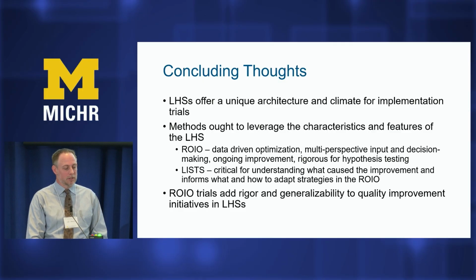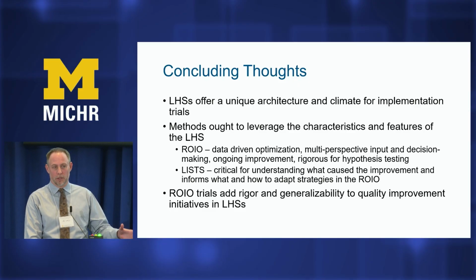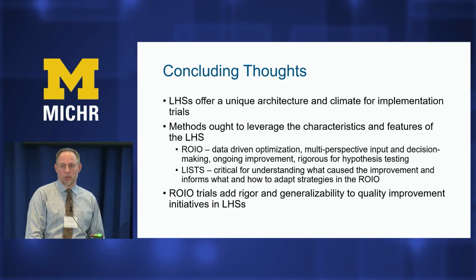It brings multiple perspectives, giving you input and helping you make decisions around optimization and ongoing improvement. And Royo is rigorous for actual hypothesis testing, whereas if you were doing this as a QI project, you wouldn't have the rigor and the potential of a fully powered trial in the same way. So it marries the best of both worlds, I think.